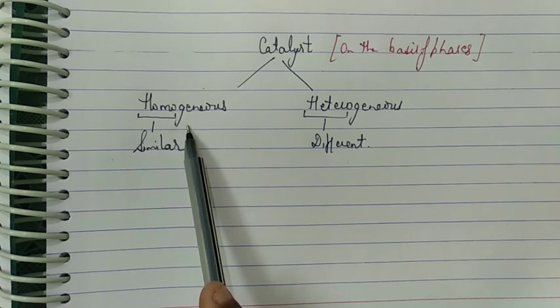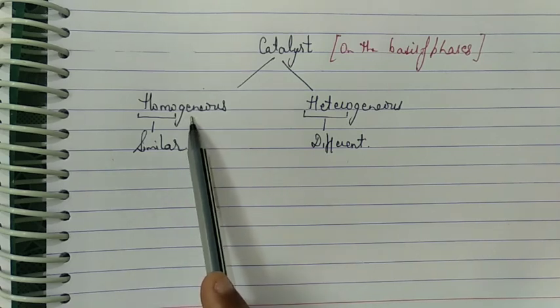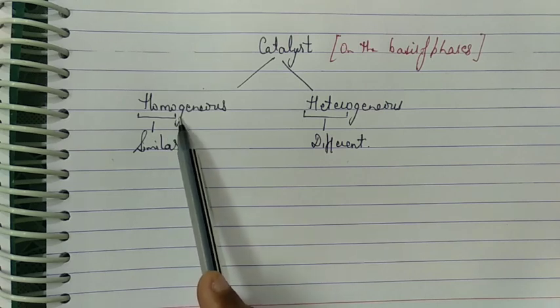Let us first talk about homogeneous catalyst. Now what are homogeneous catalysts? If the catalyst is present in the same phase as the reactant, it is known as homogeneous catalyst, and this type of process is known as homogeneous catalysis.